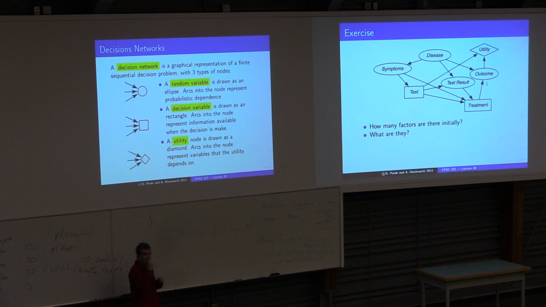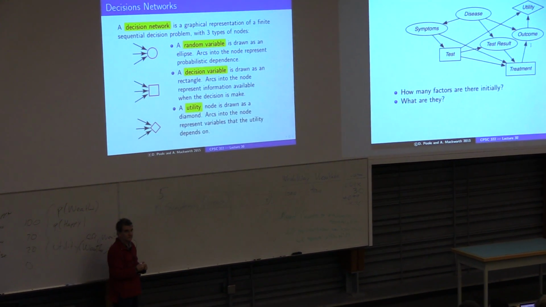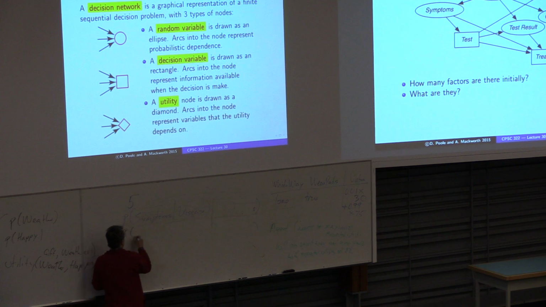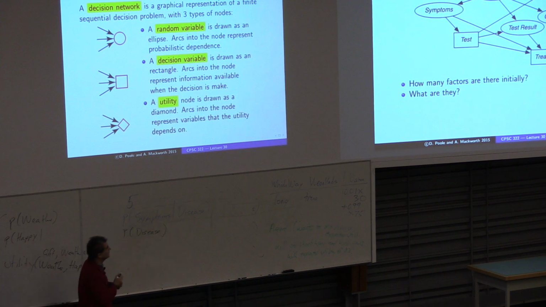Yeah. The probability of symptoms and disease, right? That's one of them. Right, the probability of disease. What else?